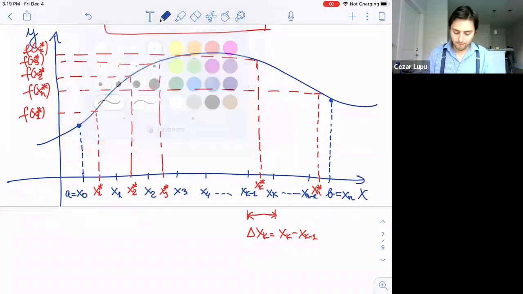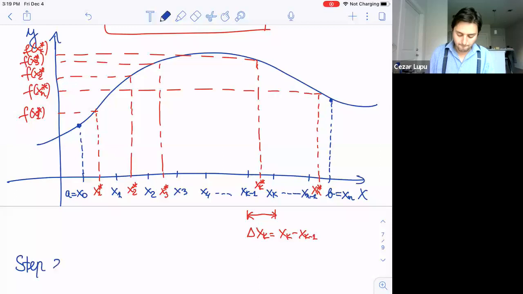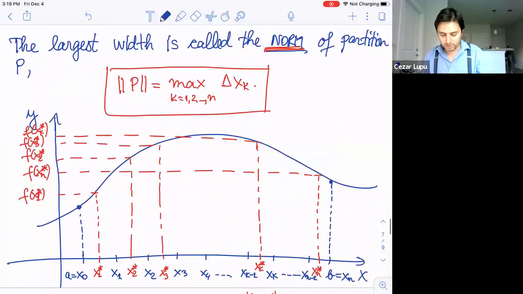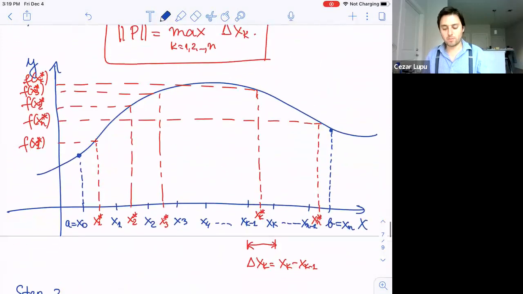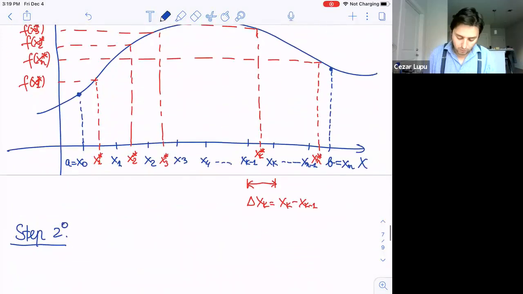let's go further. So step 2, right, so this was step 1 here. We're just going to consider the partition and then step 2 is the following. So now we're going to choose, so as you can see here, I put these numbers x1 star, x2 star, x3 star. This is what we will call the intermediary points between those subintervals. So now what we're going to do is we're going to choose a number.